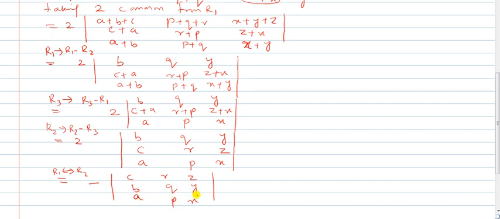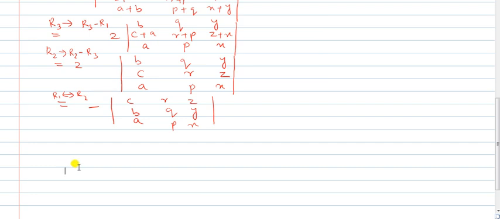And at last, if this is the last step, what I will do is, this one is 2 was there, so next is row 1 I will again exchange with row 3. Again the sign will be negative, so minus of minus 2, row 3 will go to row 1, that is A, P, X, B, Q, Y, and this one will be C, R and Z, right?